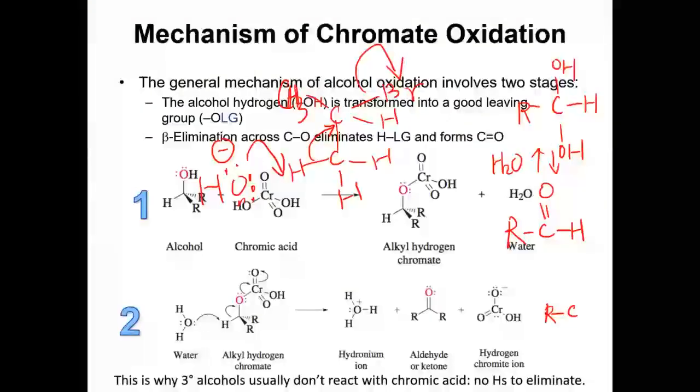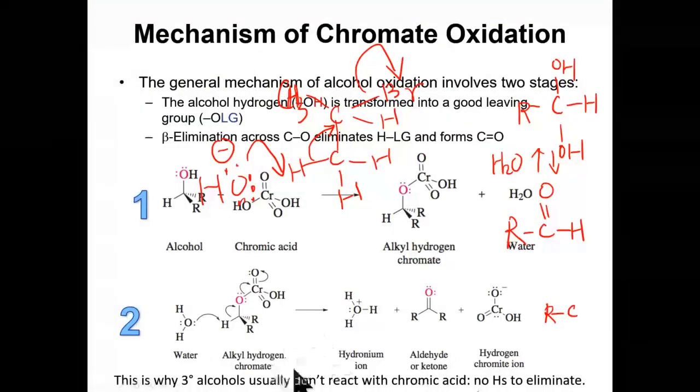That's why tertiary alcohols do not react with chromic acid, and the secondary alcohol will give you ketone. And the primary alcohol, if you react with chromic acid, first will be oxidized into aldehyde, but then the aldehyde will be further oxidized into carboxylic acid because of the involvement of water.